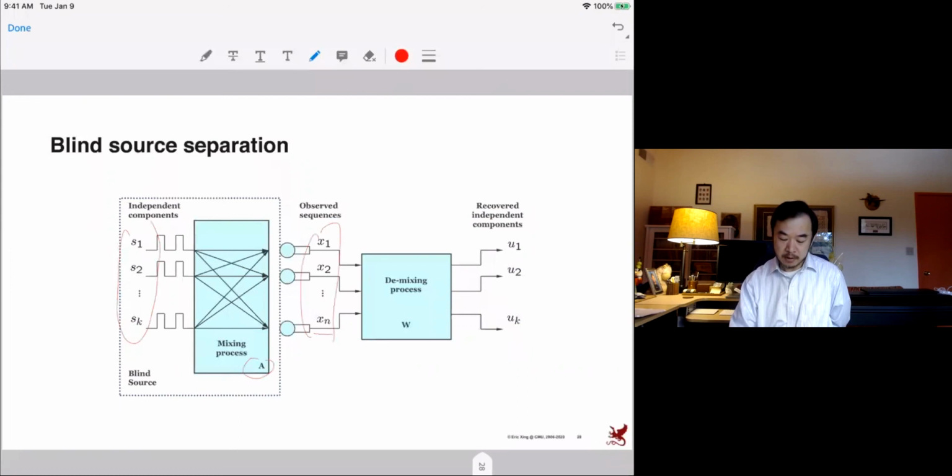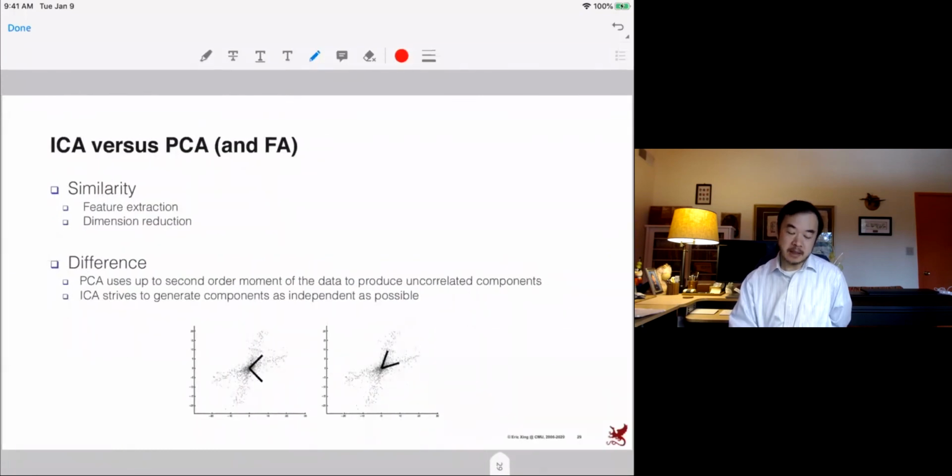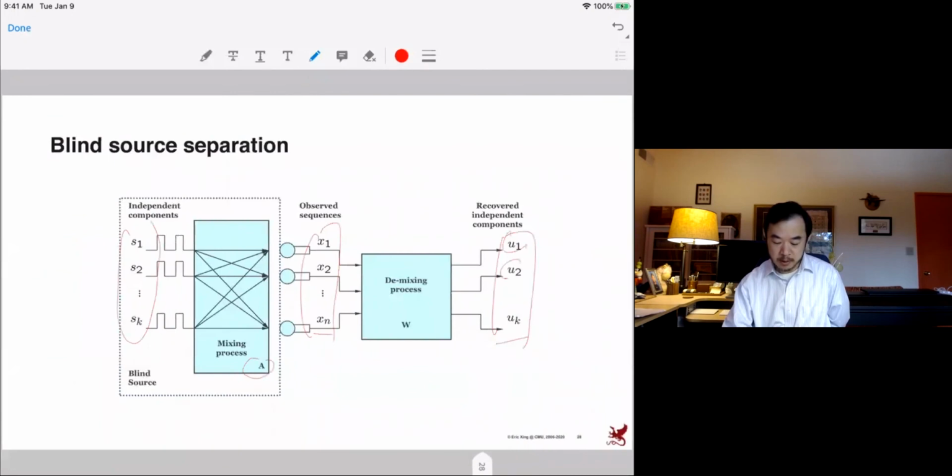We want to demix the signal and get a bunch of U. And how can we know the U's are nicely demixed? Well, that comes to the notion of independent component analysis. We call the U's good if they are maximally independent of each other. That's basically the goal we want to achieve.